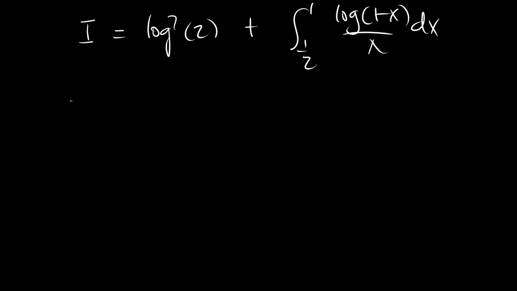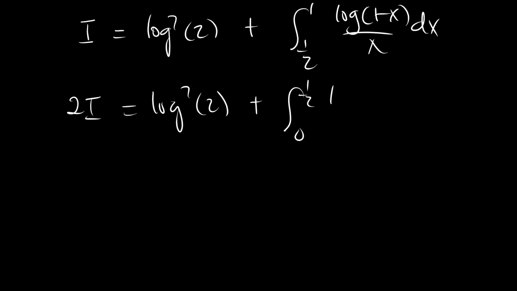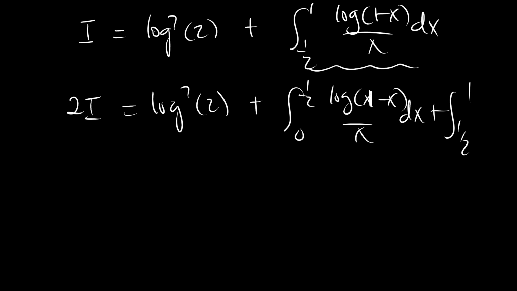If we add I to both sides, we have log squared of 2 plus the integral from 0 to a half of log of 1 minus x over x plus the integral from a half to 1, which is this one, and this here happens to be I, and then here is log of 1 minus x over x.